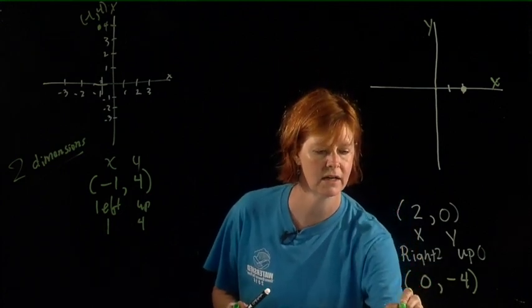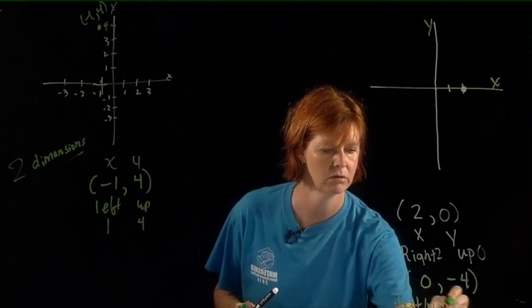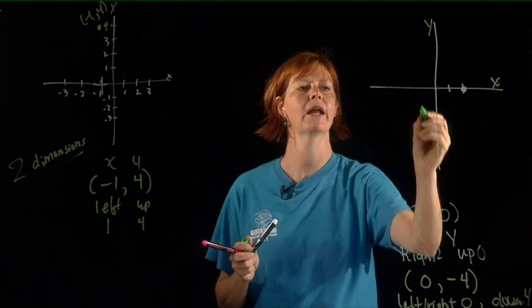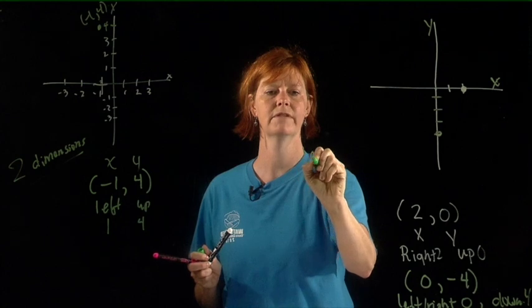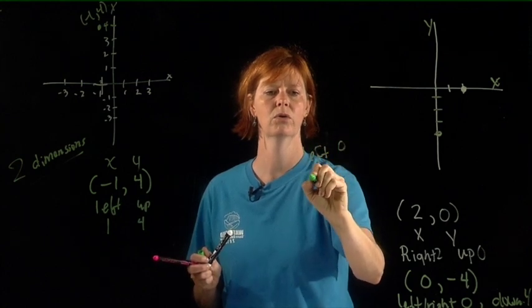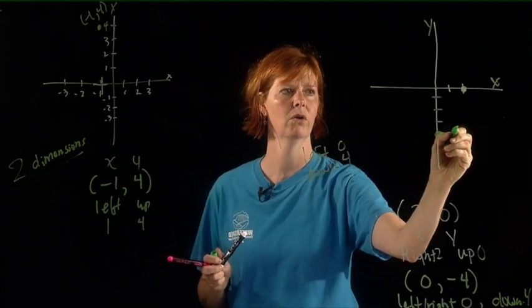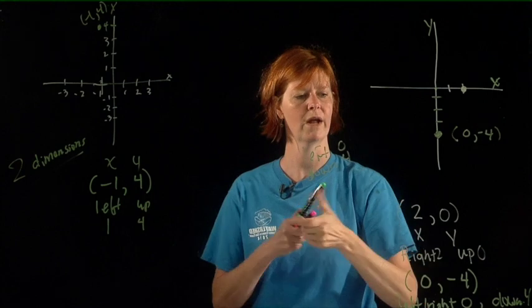So this is left, right, 0, and then down 4. I think we ran out of room there, but down 4. So left 0, down 4. There you go. So this one is (0, -4), and then we'll write this one in pink.